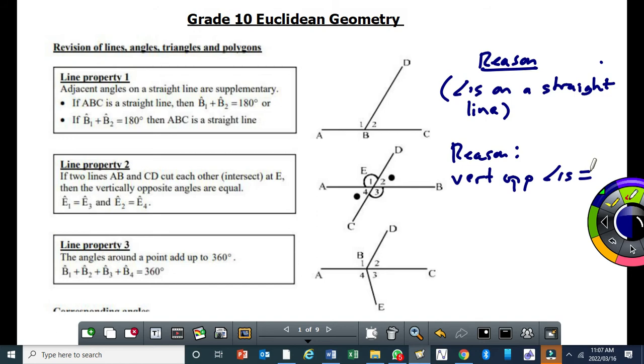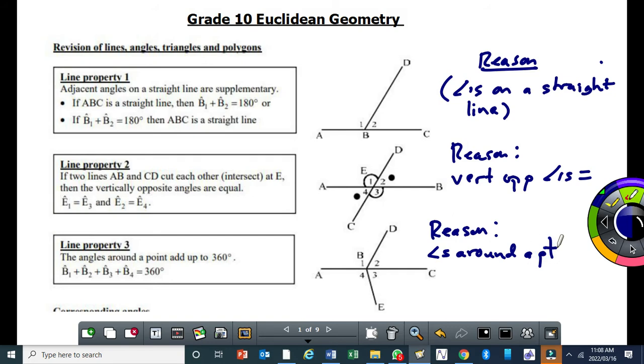Then we have a third linear property whereby you can have angles around a point. All angles around a point add up to 360 degrees. The acceptable reason here, based on examination guidelines at matric level, because I need to make sure that you are prepared for matric level, we can write as angles around a point.